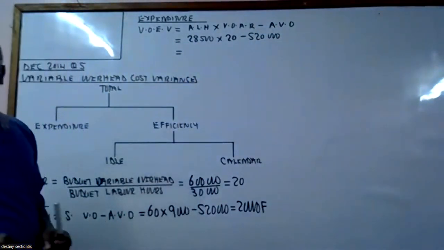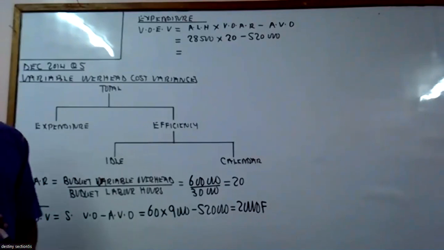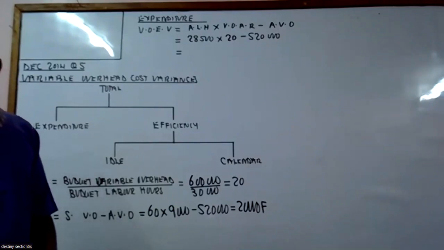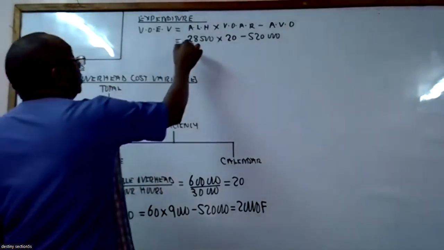Tell me how much that is. It's 50,000 favorable. Good.